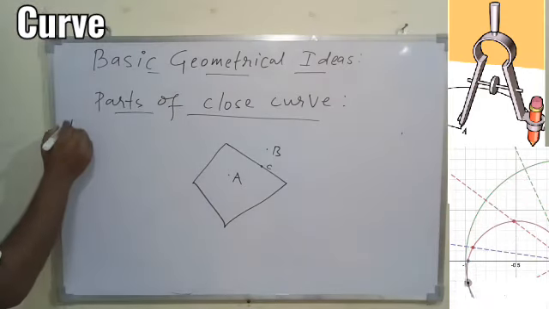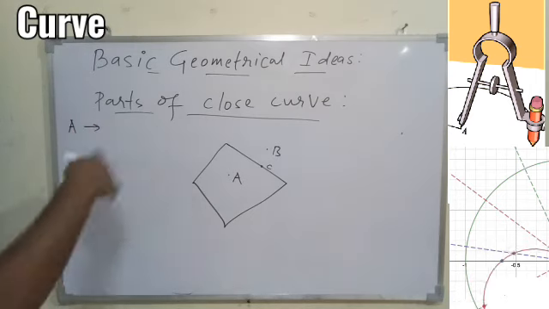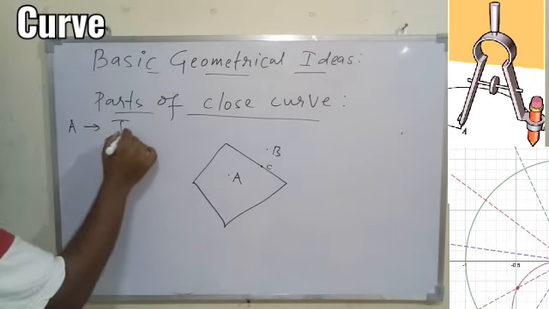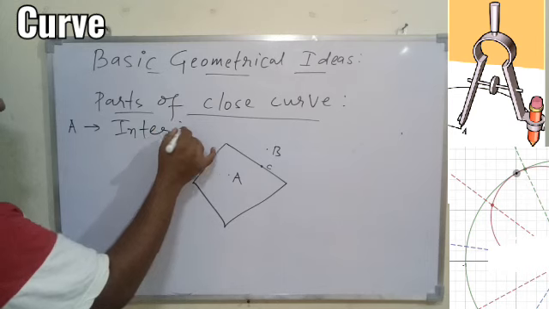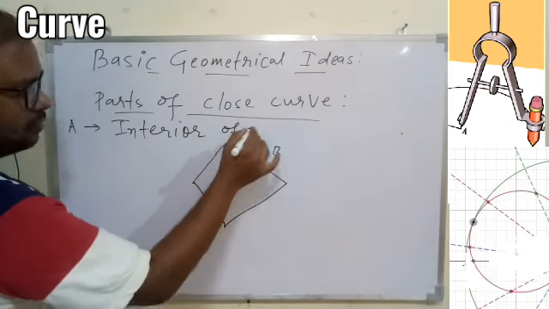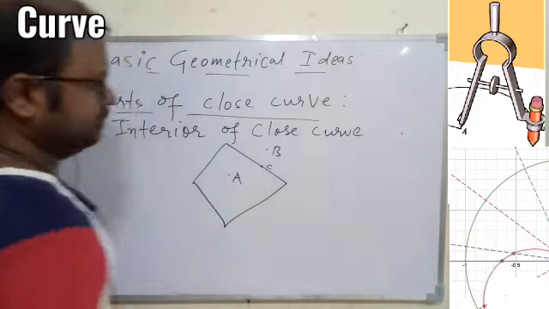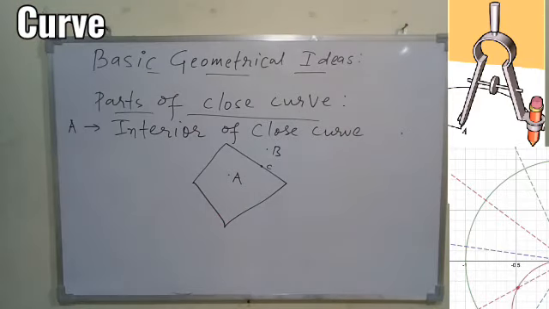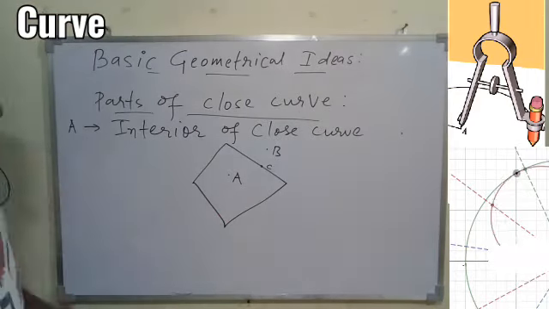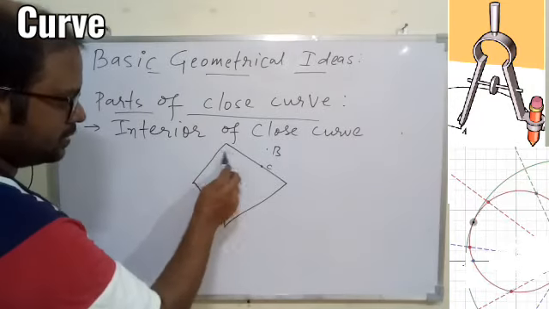Your A is called interior of closed curve. A is a point, but we are talking about the entire space.